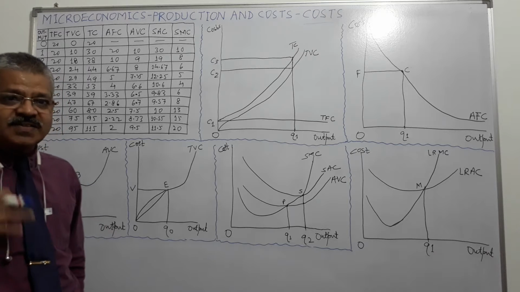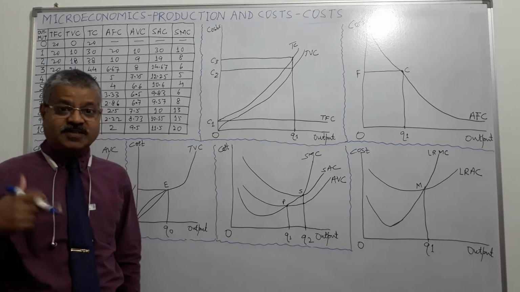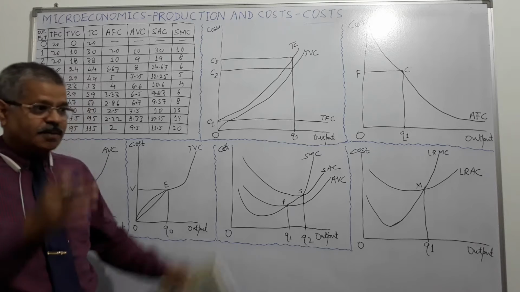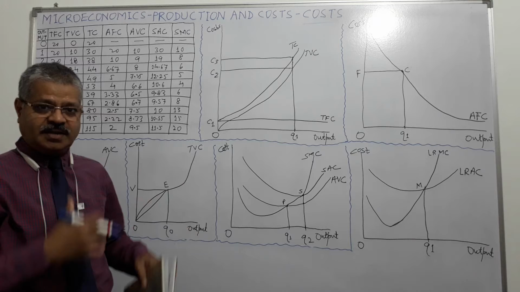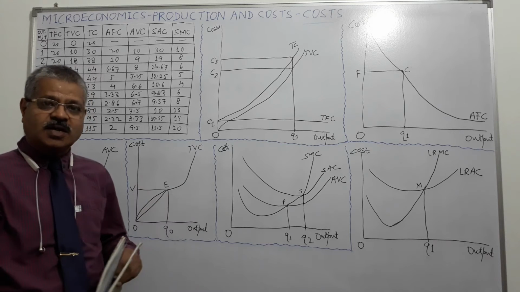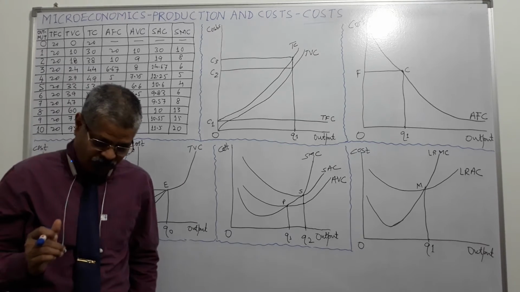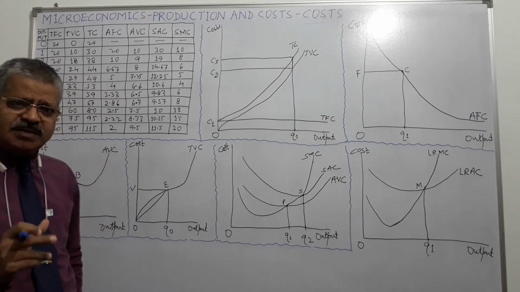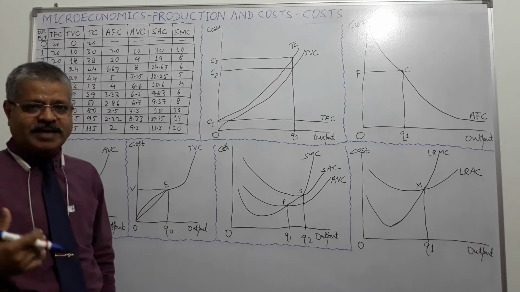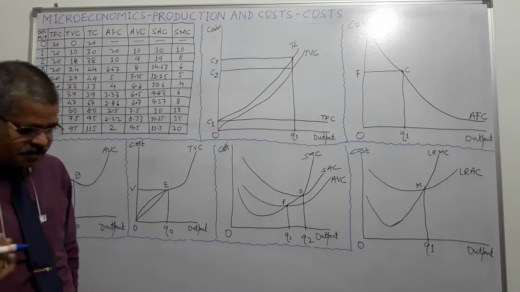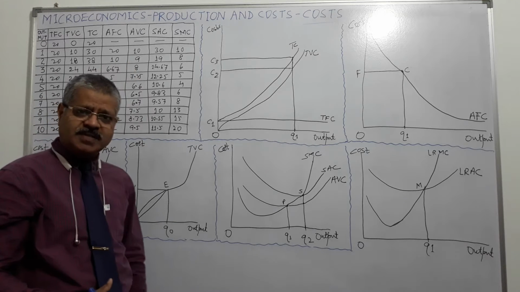Suppose I have a bicycle factory. I manufacture bicycles, and I have started a factory. Land, building, machinery, technology, those are the fixed costs. Whether I don't produce even a single bicycle, or I produce one bicycle, two bicycles, or 1000 bicycles, my fixed cost remains the same.